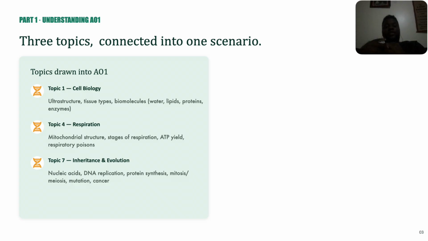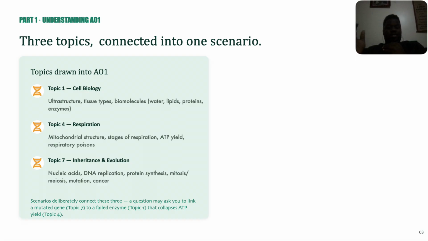And some of these things we expect you to be able to explain based on the data that is provided to you. Now, every scenario is deliberately going to connect these 3 topics to a certain degree. One topic may dominate, the other two topics may be more prominent, and one may be silent, but all the 3 topics will be reflected in every scenario.